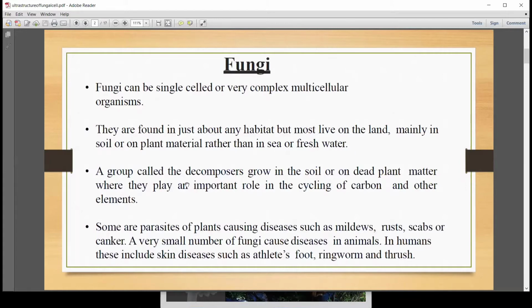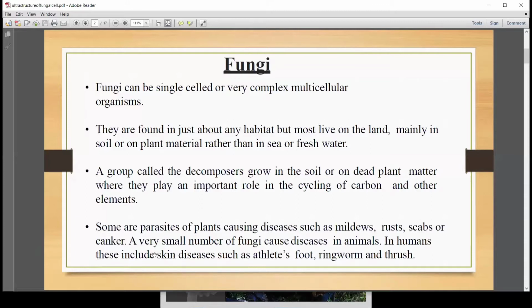Fungi are also known as decomposers, growing in the soil or on dead plant material or dead plant matter, where they play an important role in cycling of carbon and other elements. They are decomposers, cycling the carbon, completing the carbon cycle and other elements. Some are parasites of plants causing diseases such as mildews, rust, scabs, or canker.